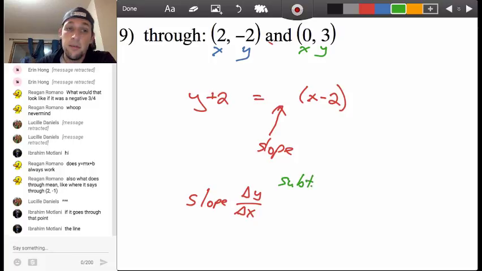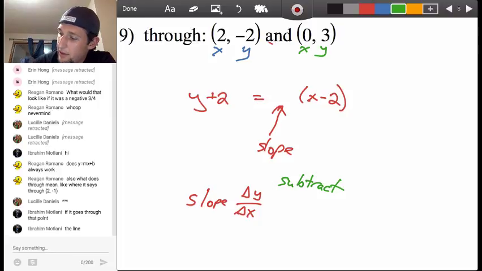Like if I told you the change in someone's height was 2 inches over a certain period of time, that would basically mean if you subtracted the two heights, you'd get 2 inches, right? So all we're going to do is subtract the y values and subtract the x values.